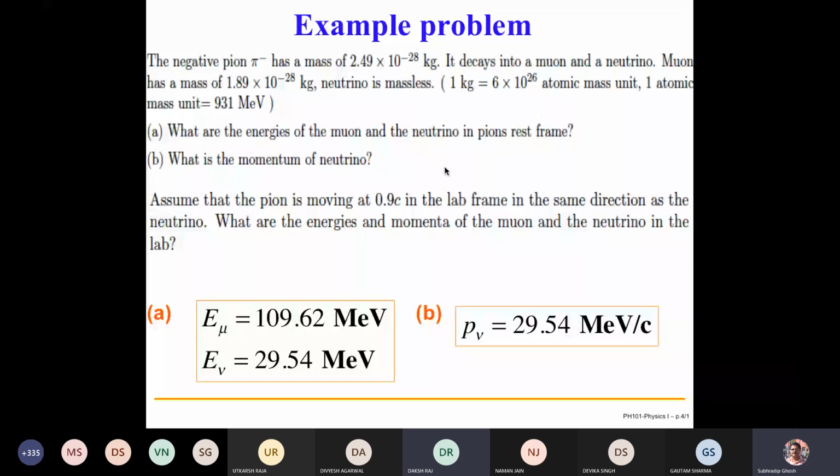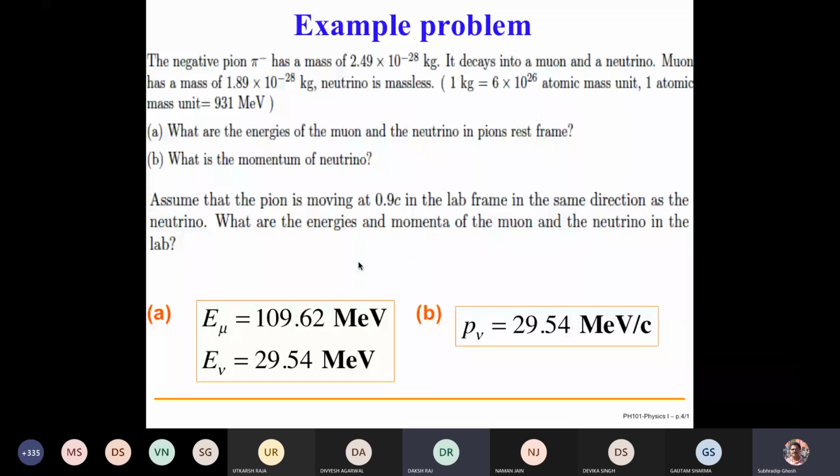And we consider that the pion is moving in the lab frame in the same direction as the neutrino. What are the energies and momenta of the mu1 and neutrino in the lab? Over here, we had figured out the energies of the mu1 and neutrino in the pion's rest frame. Now we are going to find the energies and momenta of the mu1 and neutrino in the laboratory frame. So basically, from one frame to another, we have to find the energy and the momentum.